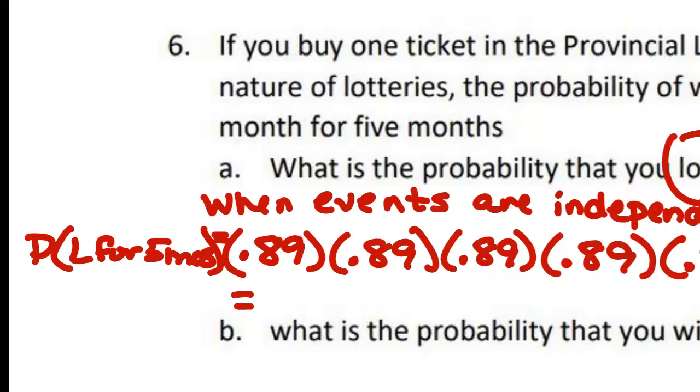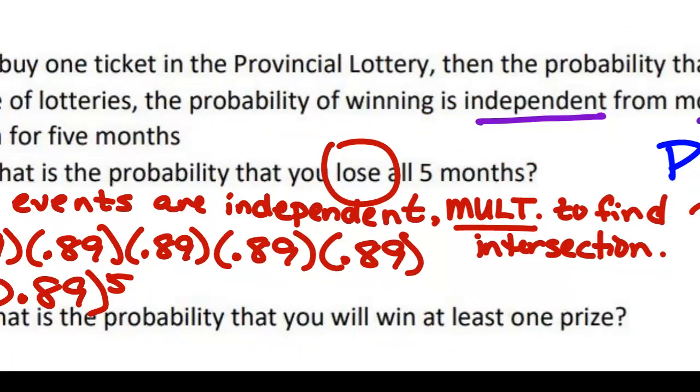So I've got 0.89 times itself 5 times, or 0.89 to the 5th power, rather than typing in all those different times into my calculator. And when I do that, I get 0.5584.